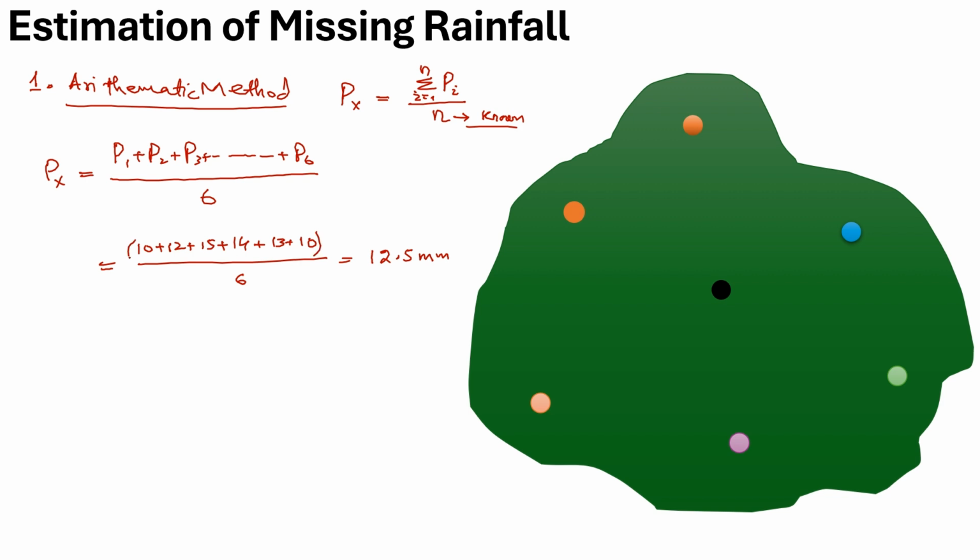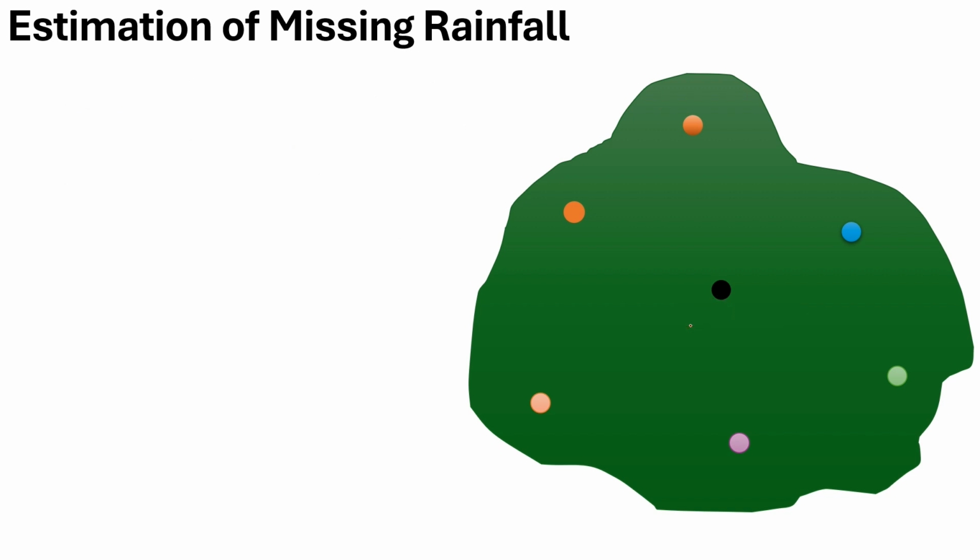The units of these precipitations are depth units, millimeters. So we can say that the amount of precipitation at this station, Px, is equal to 12.5 millimeters. This is the arithmetic mean method to calculate the missing rainfall data for a station.